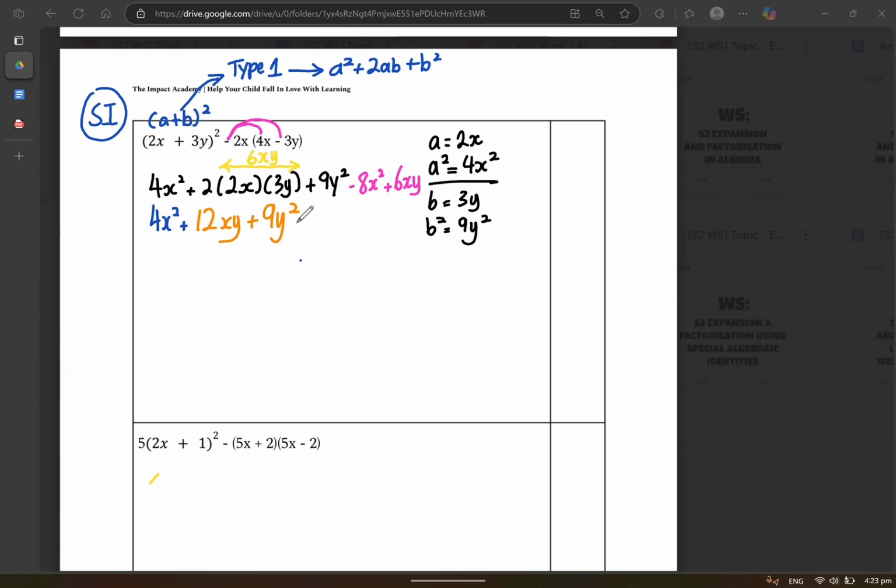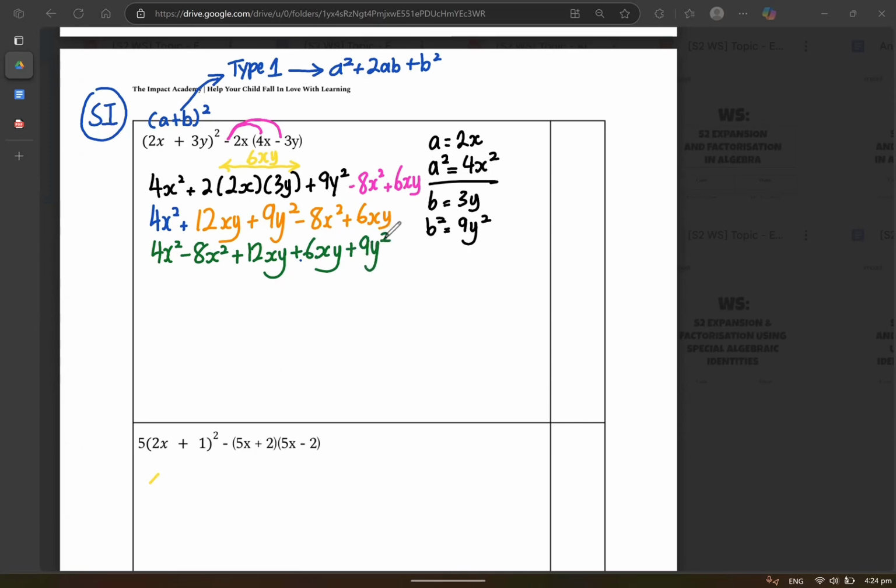So I will just write out everything first. And now, I will group them. I will regroup them, or in fact, I will have the same family sit together. 4x squared definitely goes with this, true? So 4x squared goes with negative 8x squared, plus 12xy with 6xy, plus 9y squared.